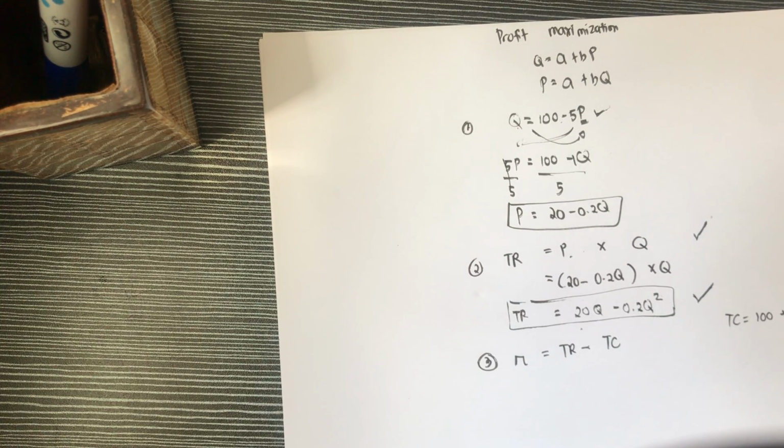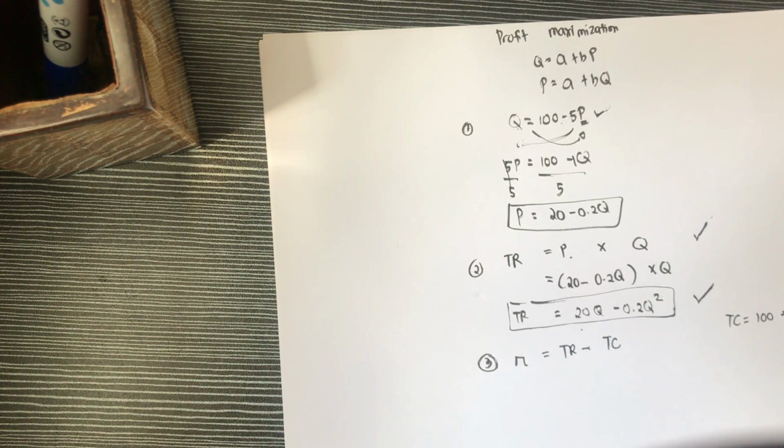Your 100 is your fixed cost and your 2 is your variable cost. So every time your Q increases by 1, your variable cost increases by 2. This is the simplest, because there are many factors we can consider in a total cost function, so it can be more complex than this one. But for the sake of this discussion, we have a very simple total cost function, which is given, because I haven't taught you how to derive a total cost function.